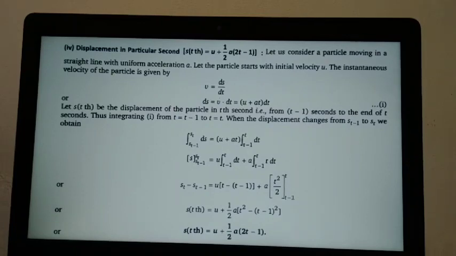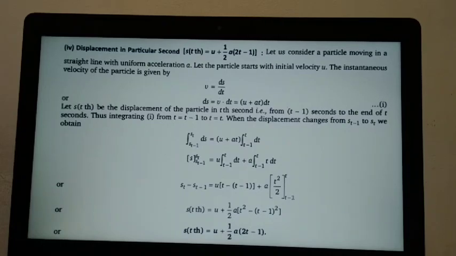When you expand, that becomes t square minus 2t plus 1, and multiplying with the negative sign outside gives minus t square plus 2t minus 1. So t square and minus t square cancel. The remaining term will be 2t minus 1 in the square bracket, with half a outside. So s(tth) will be u plus half a into (2t minus 1).